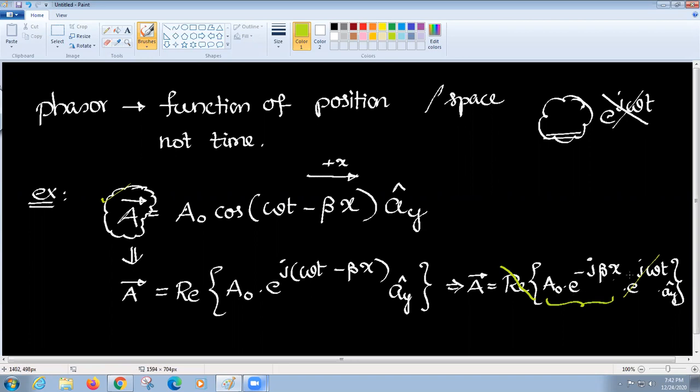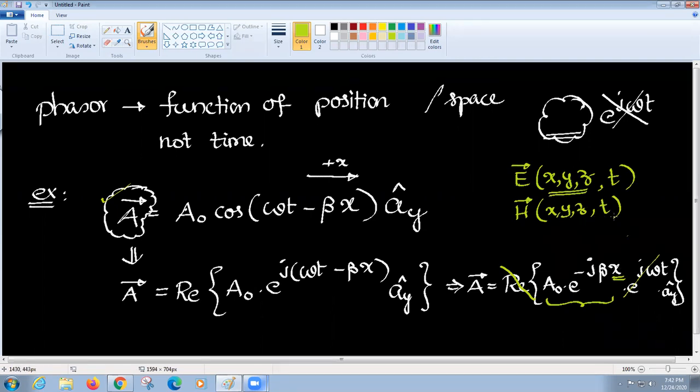Now you're seeing here j beta x, where x is my spatial quantity. For example, if I take an electric field, dynamic fields are functions of space as well as time. So if E is varying in space and time, the space variables are x, y, z in the Cartesian system, and of course time.